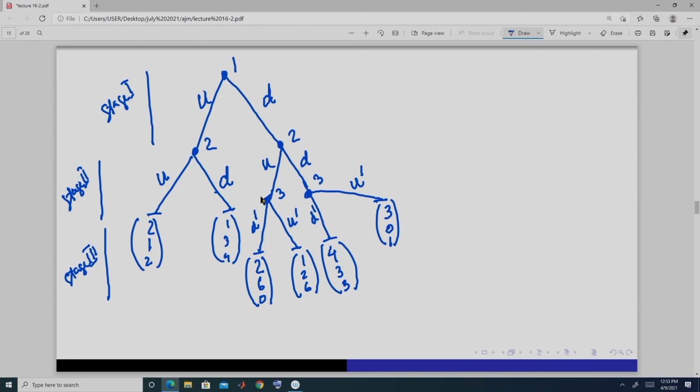So suppose player 1 has chosen D and player 2 has chosen U, and so it is here. So player 3, so first element is the payoff of player 1, second element is the payoff of player 2, and third element is the payoff of player 3. So 0 6, so player 3 is always going to choose U dash because 6 is greater than 0.